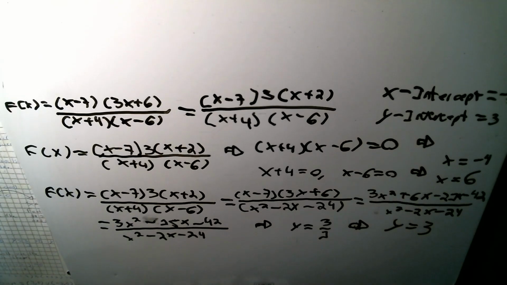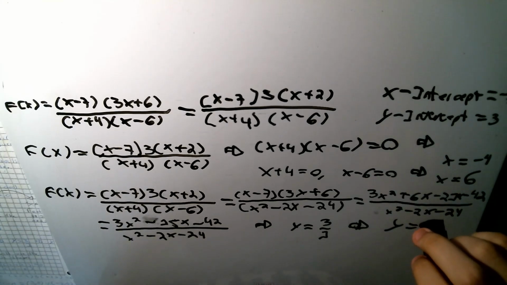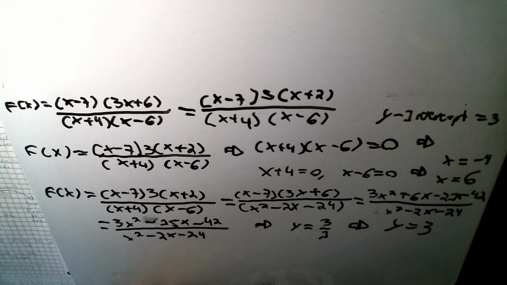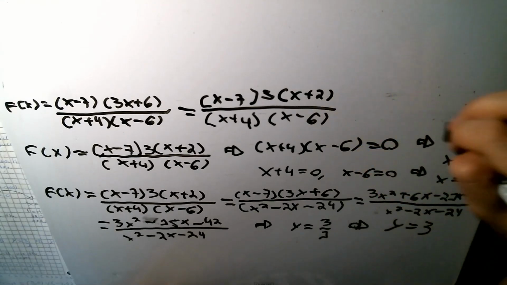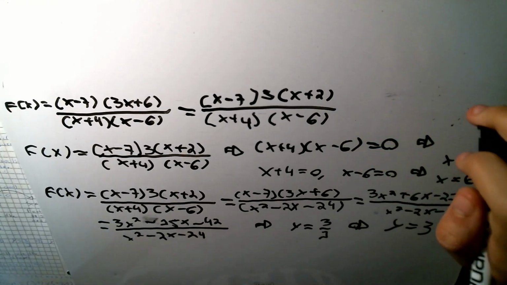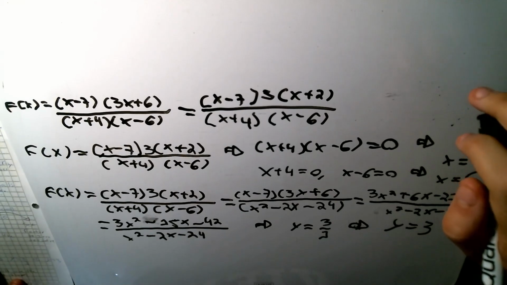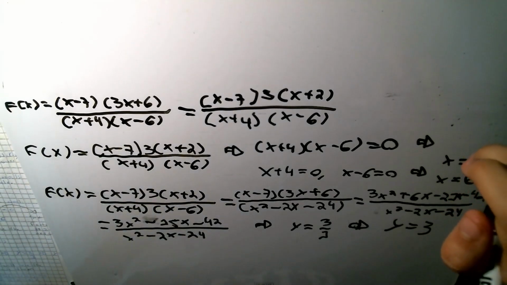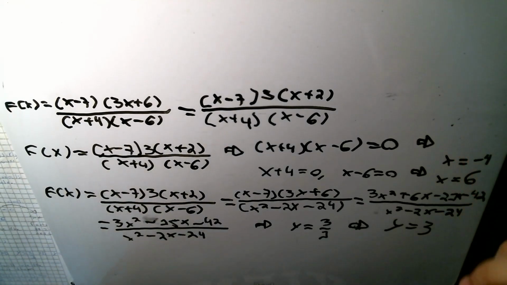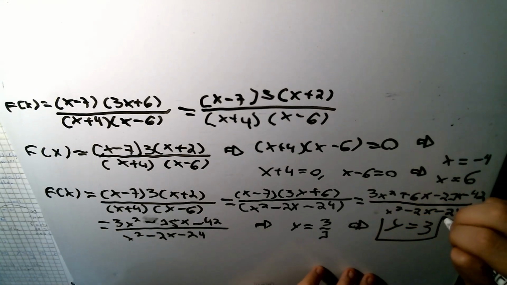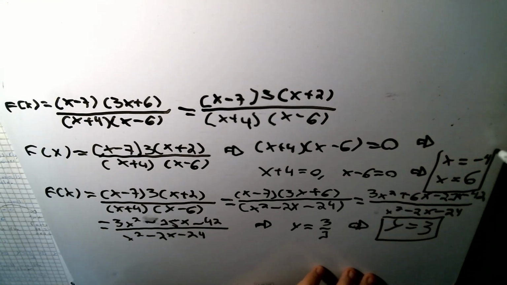Now we will calculate the x-intercept. Sorry, I got confused for a second. We already have the values of the vertical asymptotes. I confused them with the intercept, but it's okay.